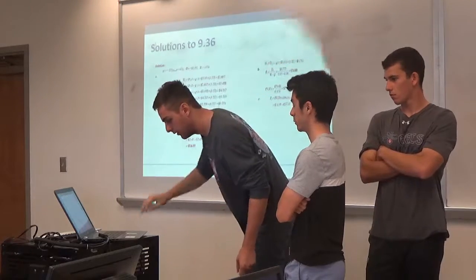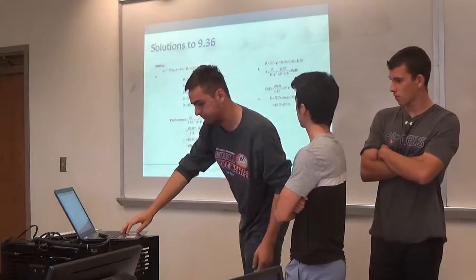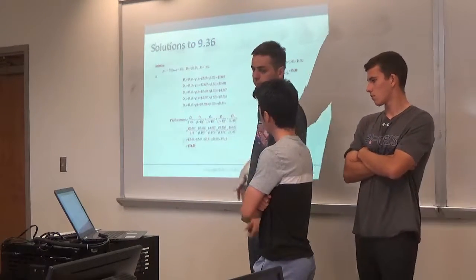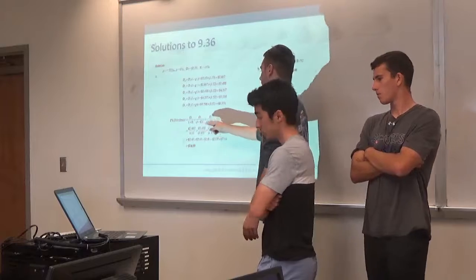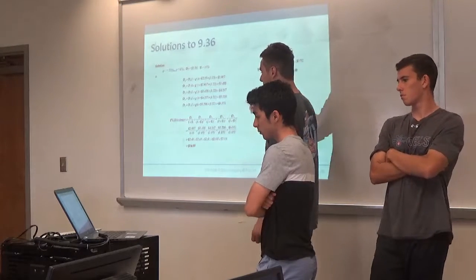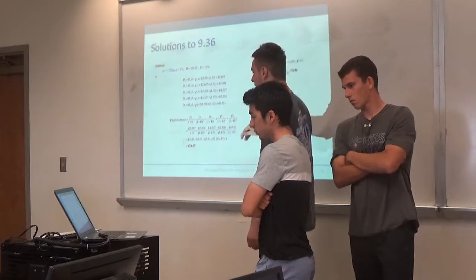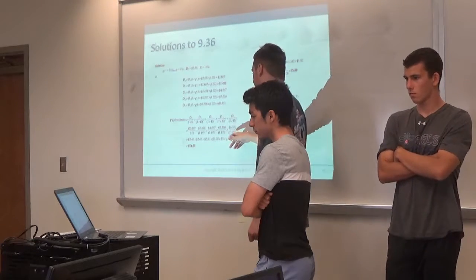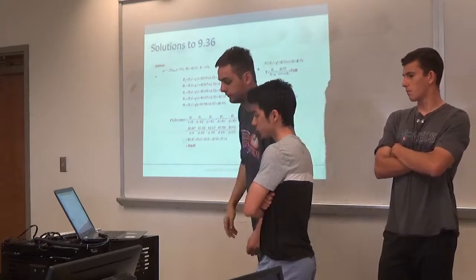Then you do what we did today: 1 plus the rate of return to the power of what year it is, and the dividends divided by that number, and then you add them all together, and you get about $14.